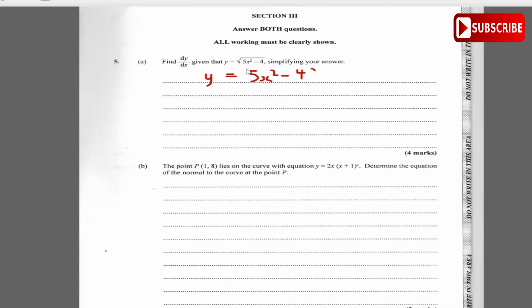So you can use chain rule or composite rule, whichever word you want to call it. dy by dx is equal to: carry down the power, so you bring down the half, subtract 1 from the power, so you write 5x squared minus 4 raised to the minus half, and then you multiply by the differential inside the bracket. The derivative of 5x squared is 10x.